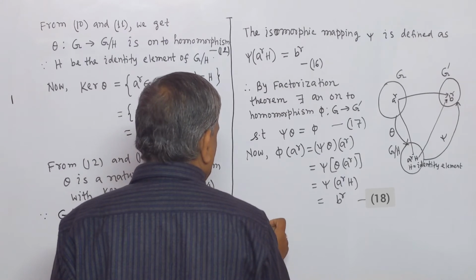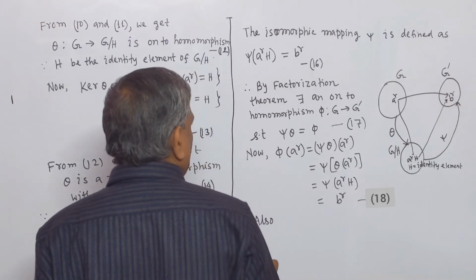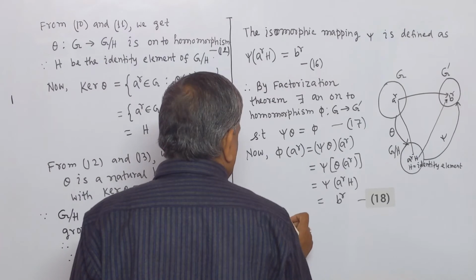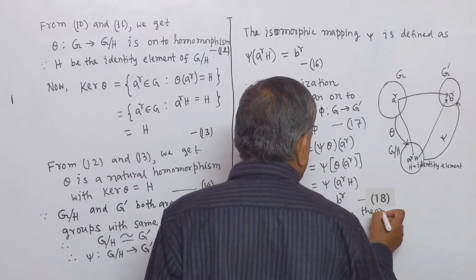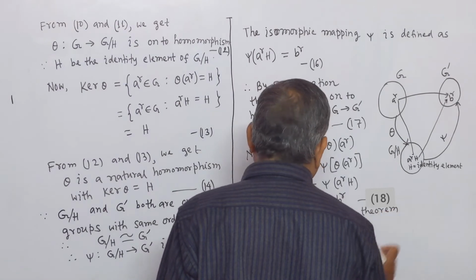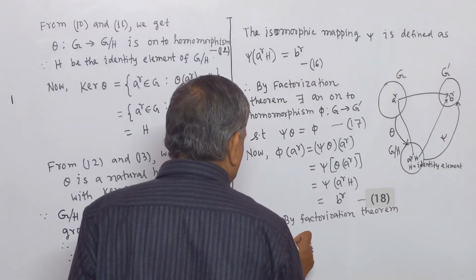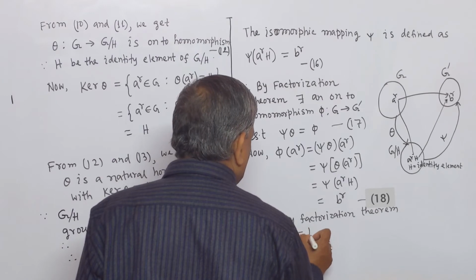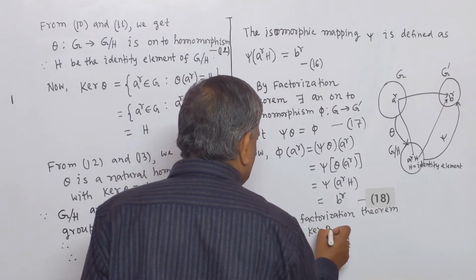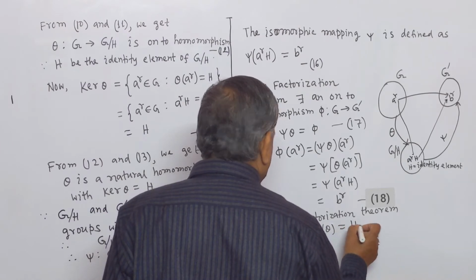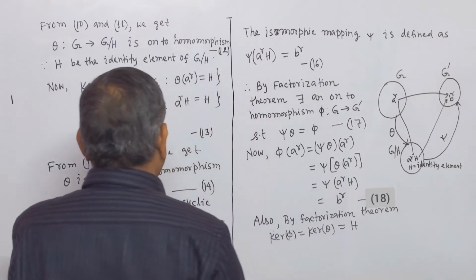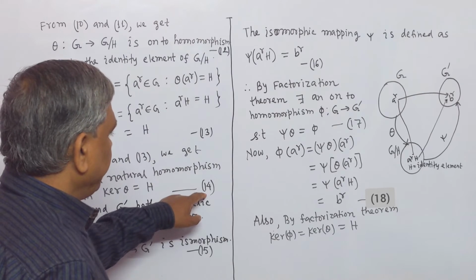Also, by factorization theorem, car phi equal to car theta and car theta equal to h in 14.